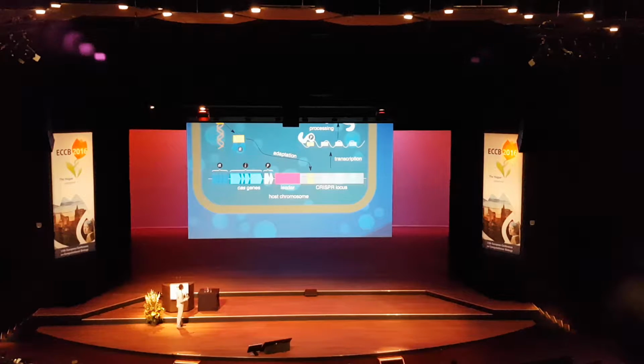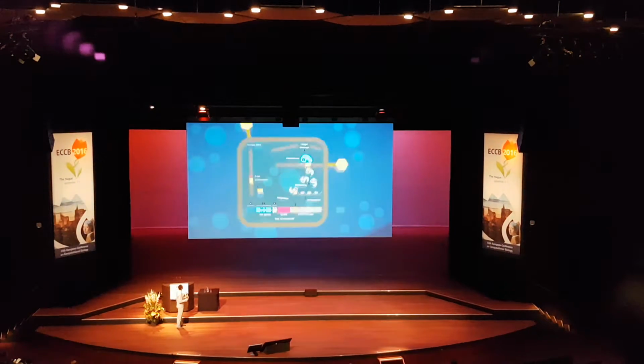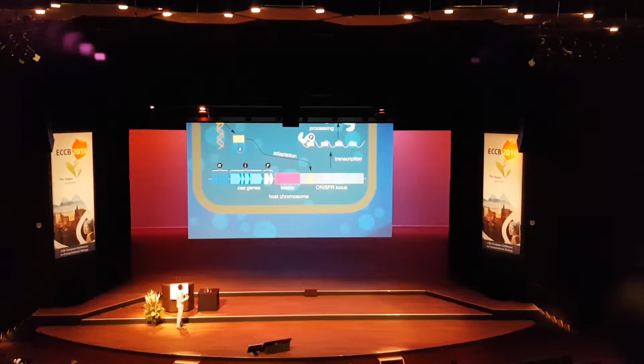You have the Cas genes, which can be divided into three categories: the adaptation genes, the interference genes, and the processing genes, each of which encodes its own protein complex, which carries out its own function. Then you have the leader sequence, which is what this talk is basically about. That's what I'm going to spend the next 15 minutes talking about.